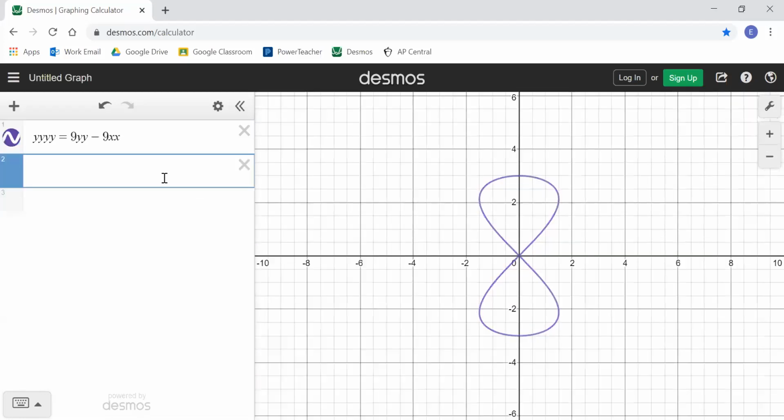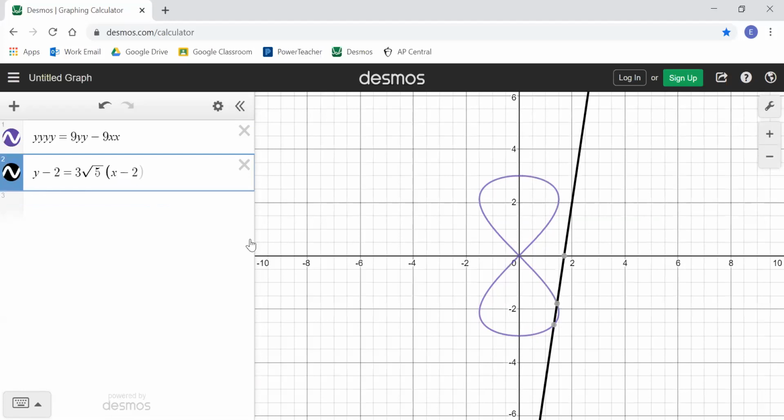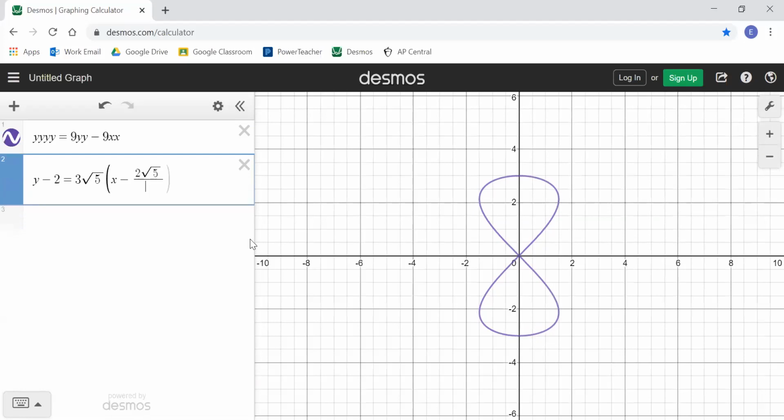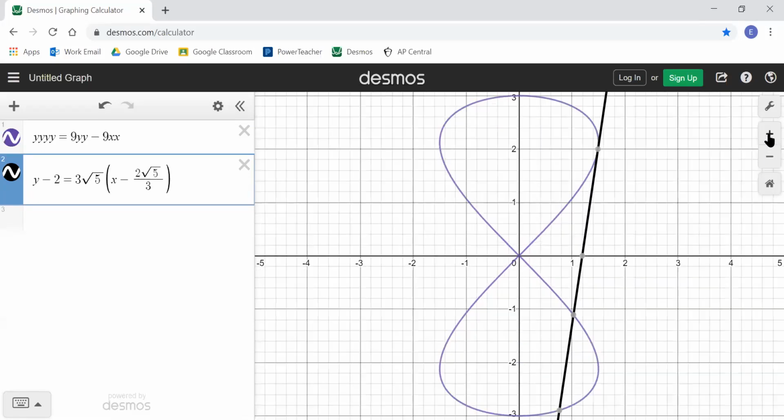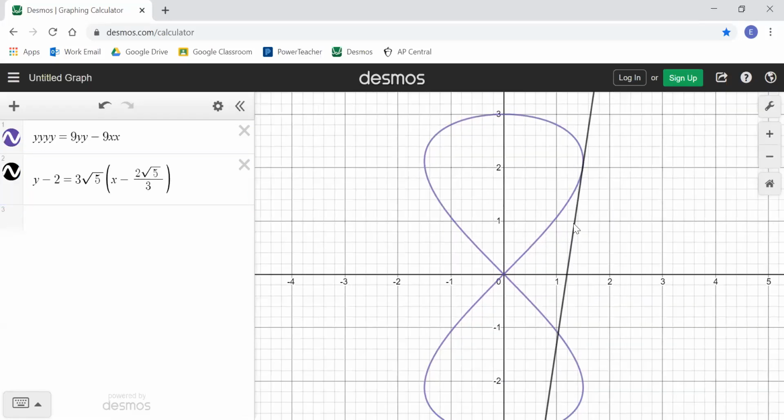And we ended up with y minus 2 equals 3 root 5 times x minus 2 root 5 over 3. And while our tangent line does cross through down here a couple more times, at this specific point, 2 root 5 over 3 comma 2, we can see that it's tangent to it.